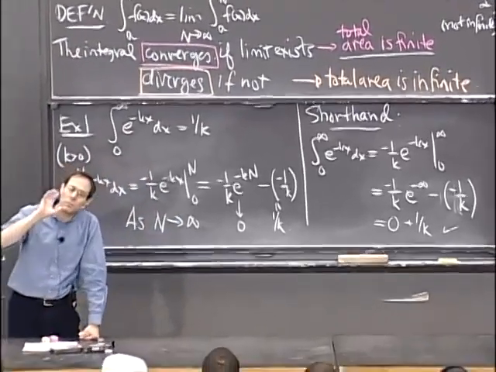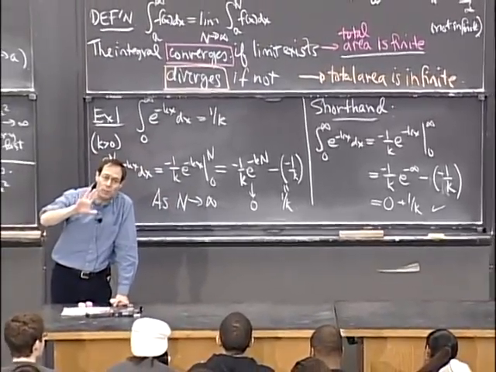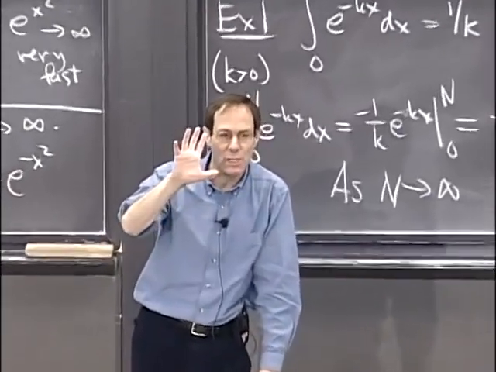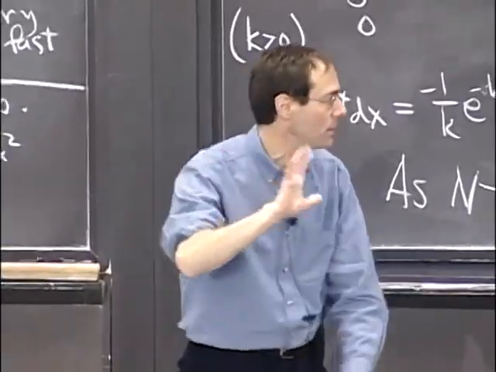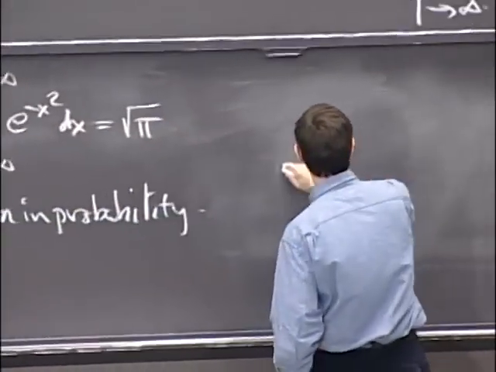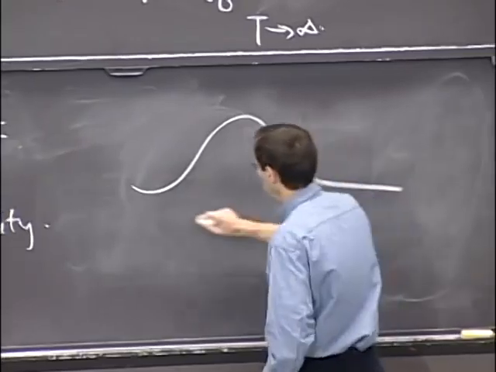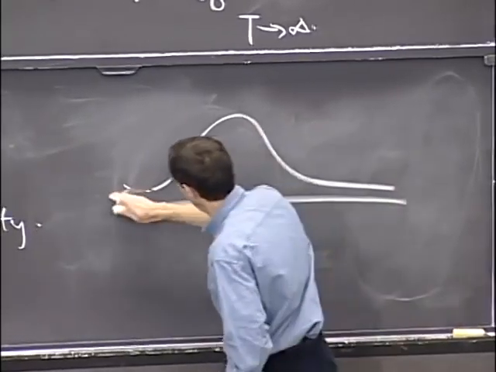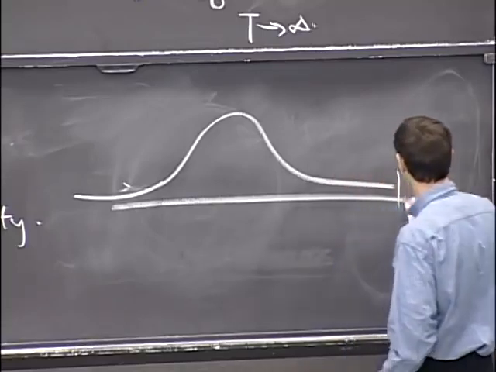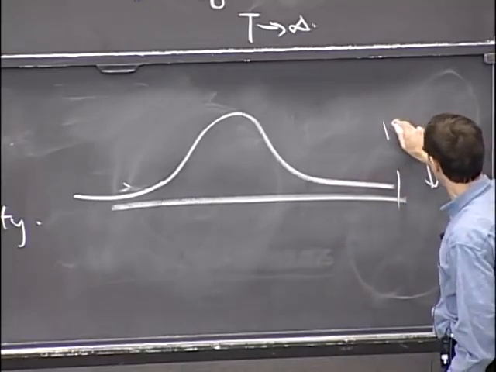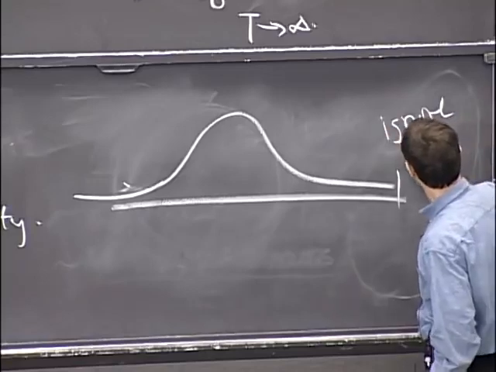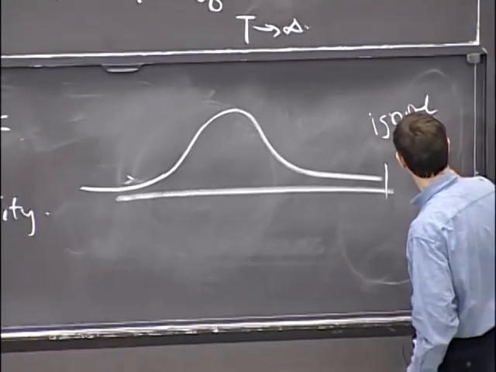And let me just say one more word about why we care about this very gross issue of whether something is finite or infinite. When you're talking about something like this normal curve here, there's an issue of how far out you have to go before you can ignore the rest. So we're going to ignore what's called the tail here.